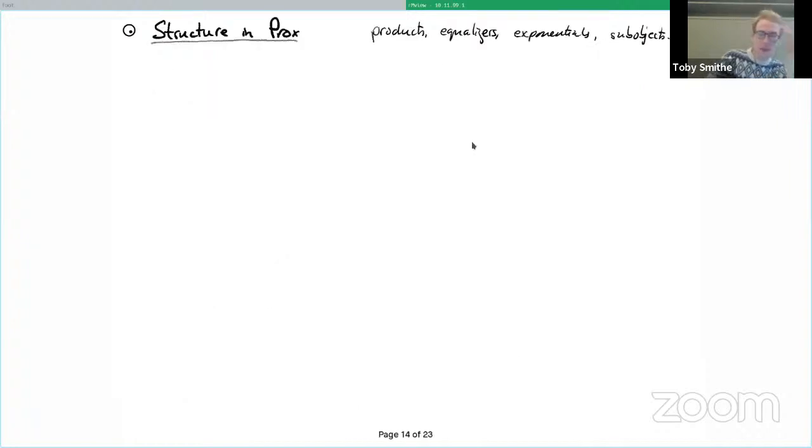So okay, I've got a page here where I can talk about what some of these might be, and I guess I've got just enough time to do some. I guess maybe I'll do equalizers since I mentioned them earlier. So suppose we've got some F, which is P to C1, and it's really of the type X to Y, where X is P to C0, and so is Y. And so we've got G as well of this type.